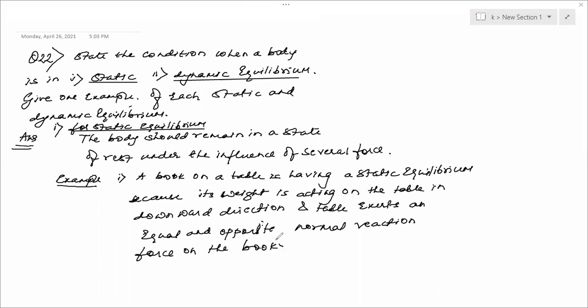The book on a table is in static equilibrium because its weight is acting on the table in a downward direction and the table exerts an equal and opposite normal reaction force on the book in the upward direction.